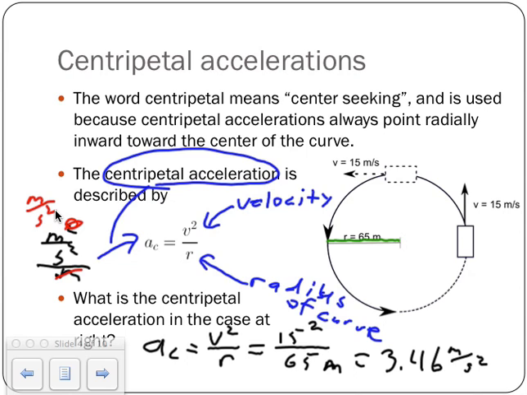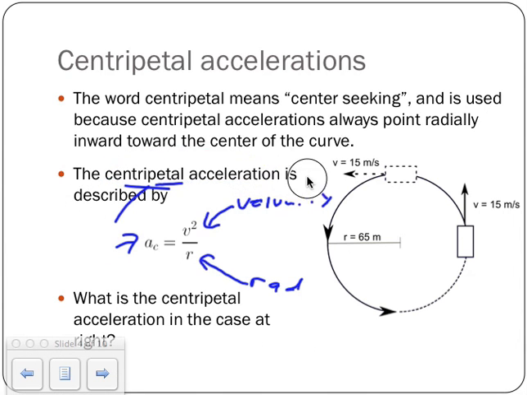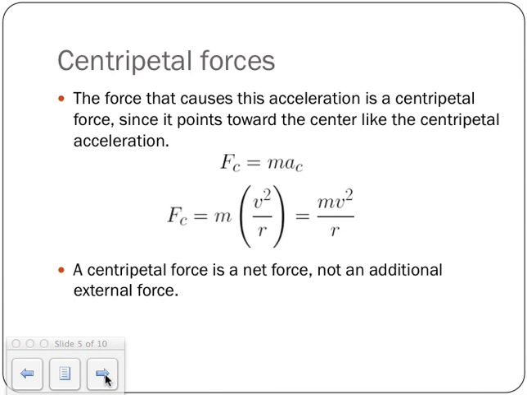Now, the next question would be, what causes that centripetal acceleration? We already said it's centripetal force, but let's take a look at that and see if that gives us a little more insight into this type of problem. The force that causes this acceleration is called a centripetal force because it also points towards the center, like the centripetal acceleration.